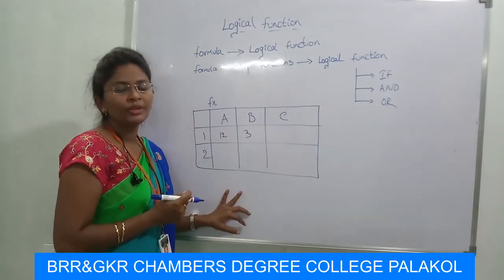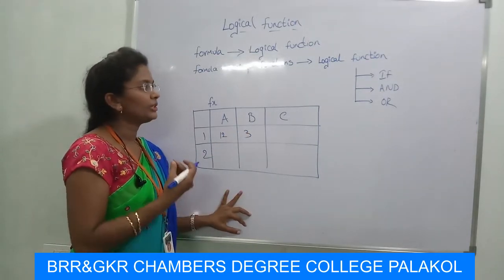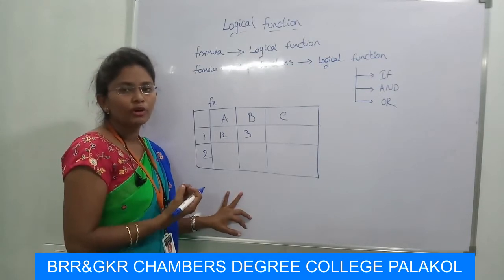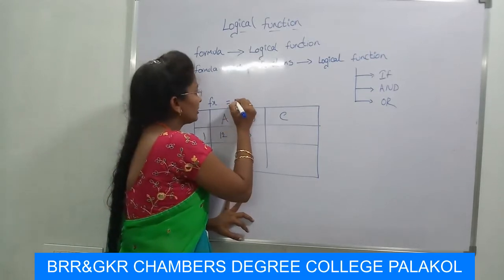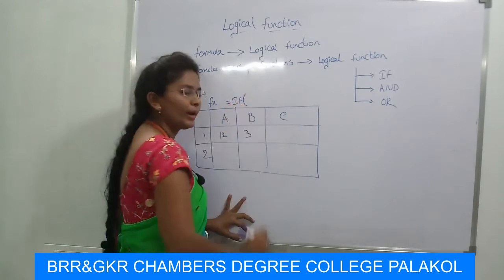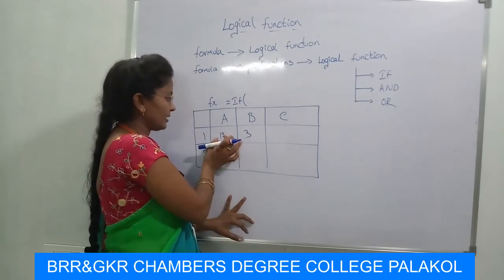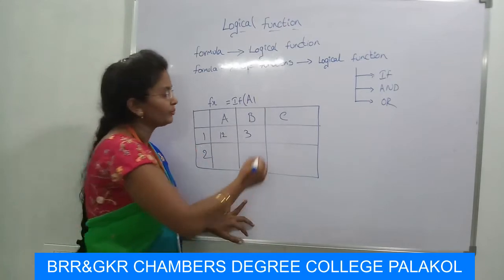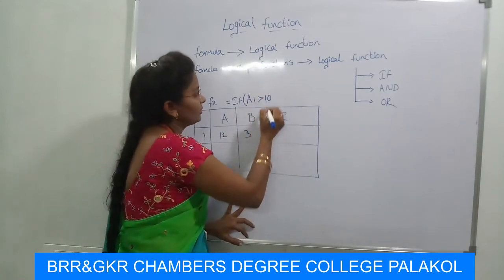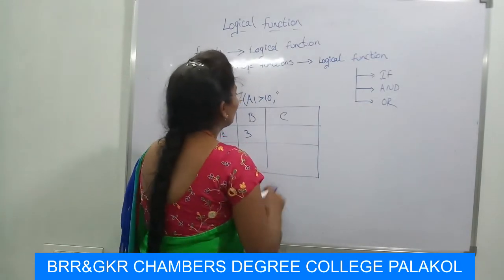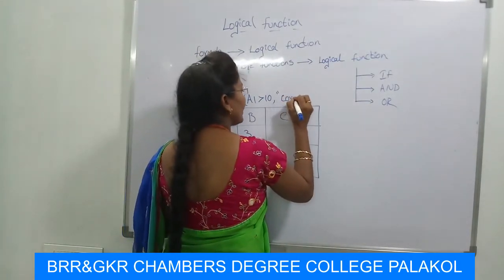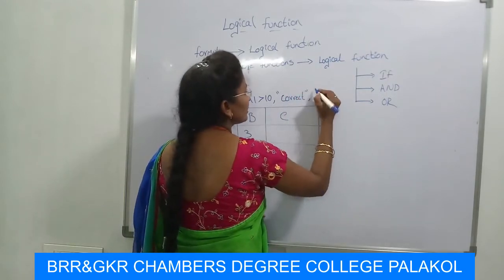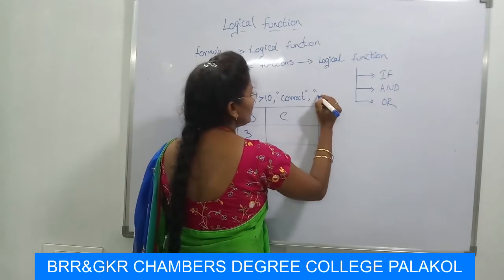After entering data in the Excel sheet I have to write the formula for the if function, and in this if function the formula is equal to symbol if bracket open, and this cell reference name is A1, greater than 10 symbol, display correct in the result, or if it is wrong it will display the result as incorrect.